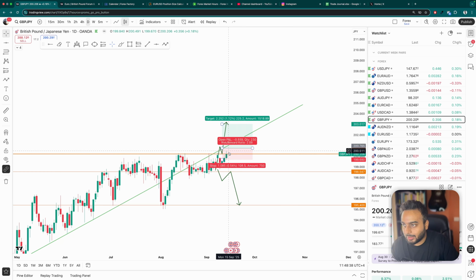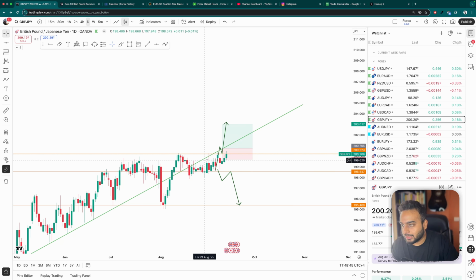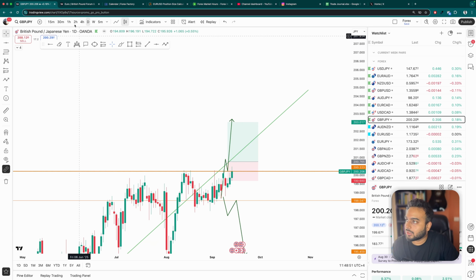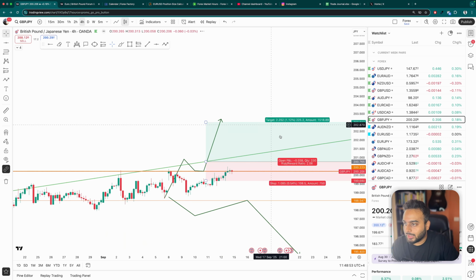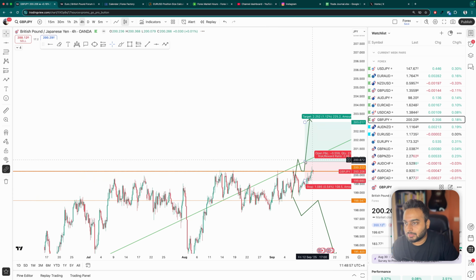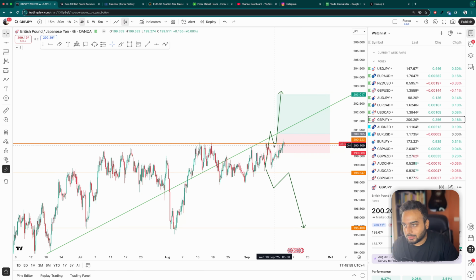The only problem I see is somewhat a little resistance on this, because this is a trend line and the price has been rejecting it and staying lower. Let's see what happens. I can maybe wait for the price to move up here and then retest the trend line instead. That would be a better price action.